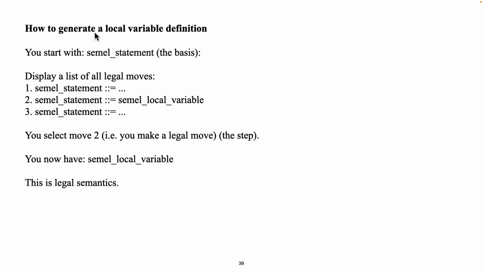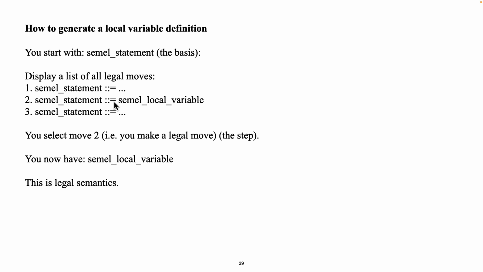Now, if your goal is to generate a local variable definition, you start with a statement. And that is correct. Local variable definitions are statements, can only occur in statement context, not in a namespace, not in a class. So we're starting in the right place.